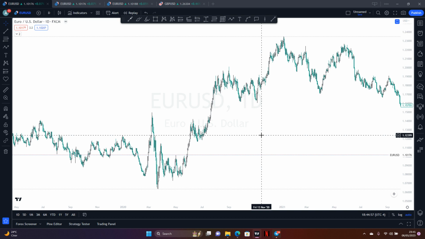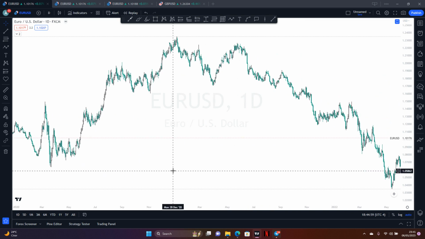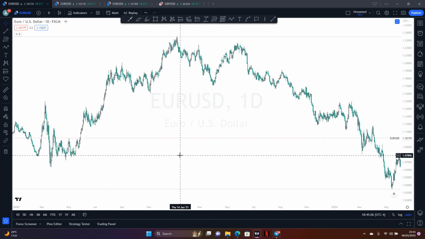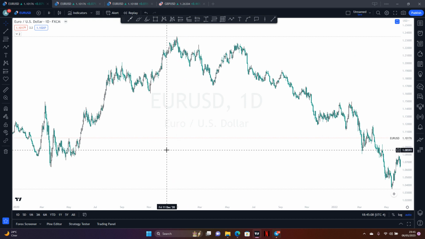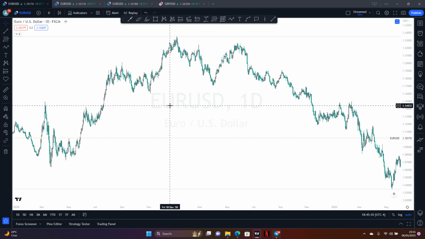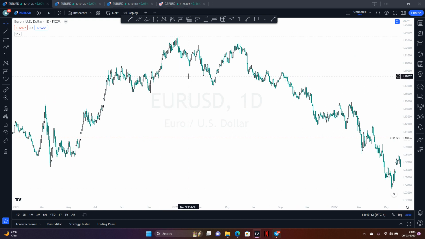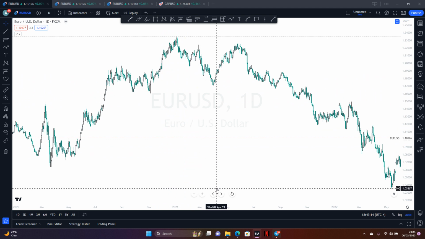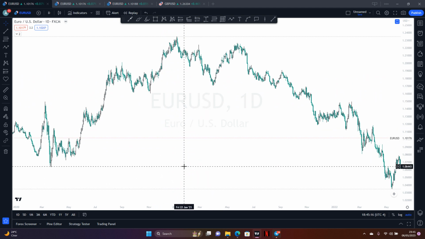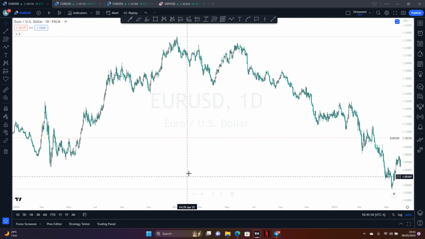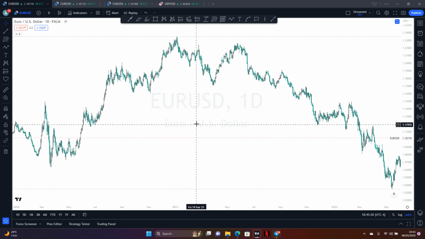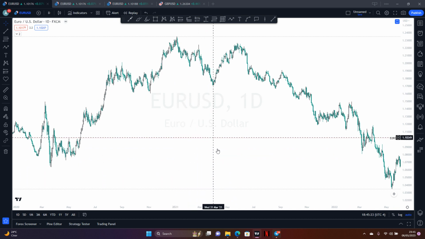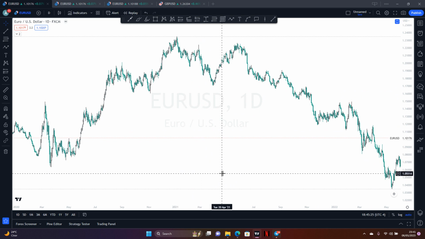What is a failed swing? A failed swing is when a trend is moving, maybe uptrend or downtrend, and all of a sudden, the last low that produced the break of structure now gets shifted. That means it gets taken out. It was a strong high or low before, but eventually it becomes weak because it has been broken.